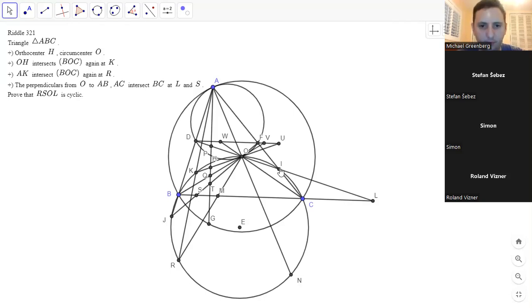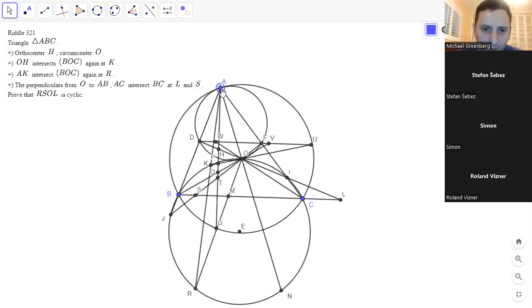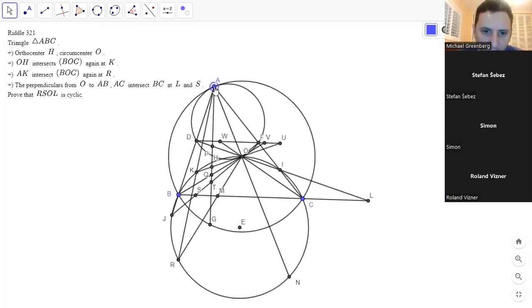Yeah. So BJKI, and we project through O onto the circle. J goes to F and I goes to D. And then we want to see where B and K go. So B and K, where do they intersect that circle?